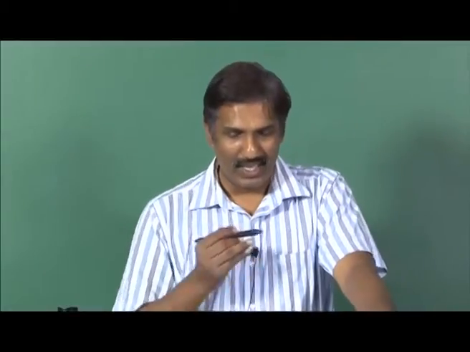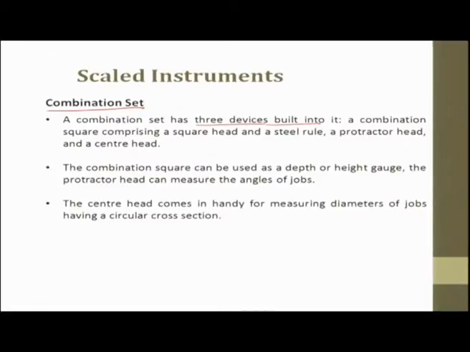A combination set has 3 devices built into it: a combination square comprising a square head and a steel ruler, a protractor head and a center head. The combination square can be used as a depth or a height gauge.